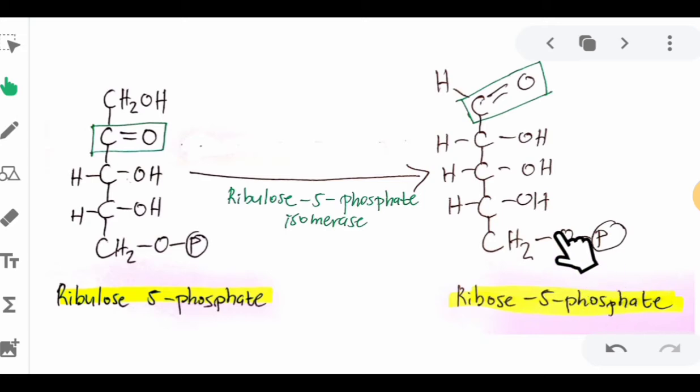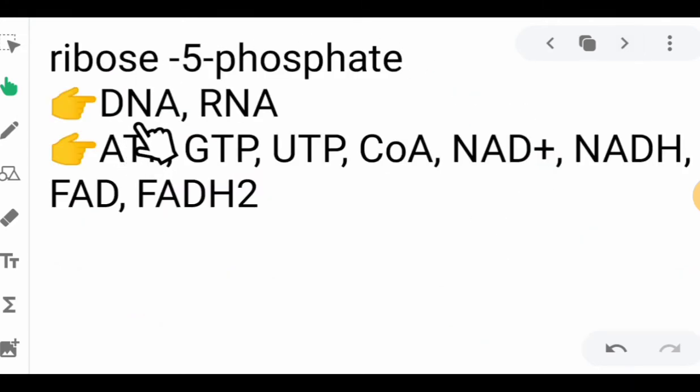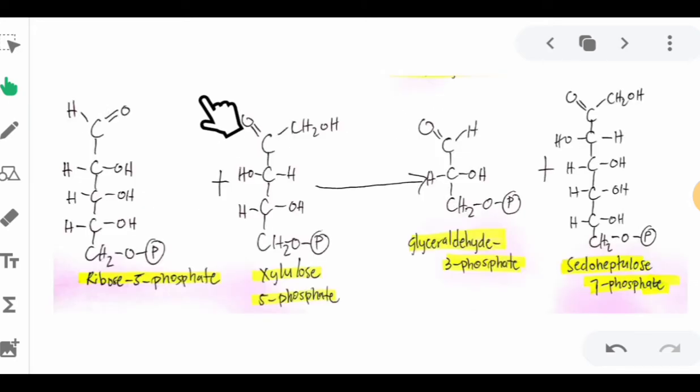This ribose 5-phosphate is essential as one of the backbones of DNA and RNA, and in the production of ATP, the adenosine triphosphate, guanosine triphosphate, uridine triphosphate, coenzyme A, the oxidized form of nicotinamide adenine dinucleotide, and the reduced form of nicotinamide adenine dinucleotide. It is also essential in the production of the oxidized form of flavin adenine dinucleotide and the reduced form of flavin adenine dinucleotide.